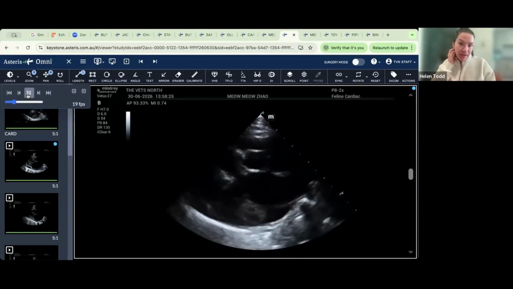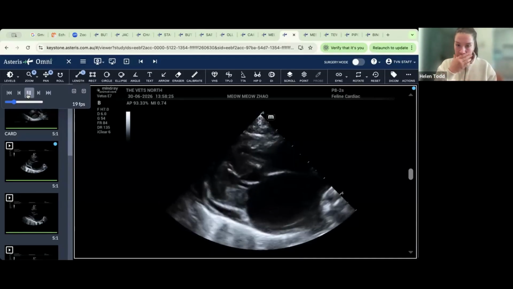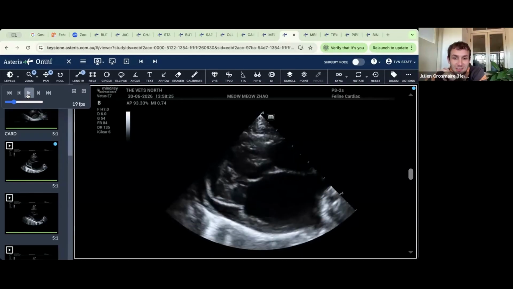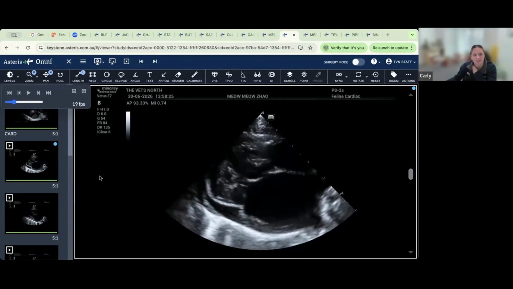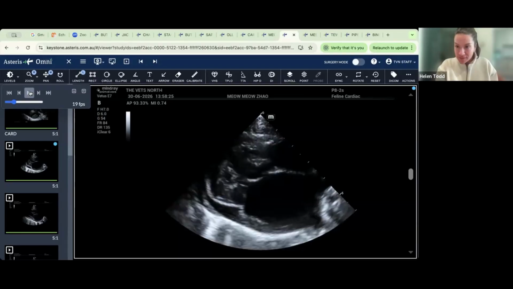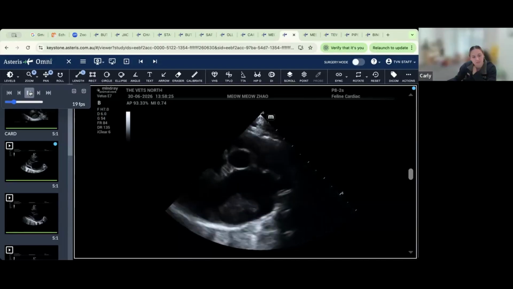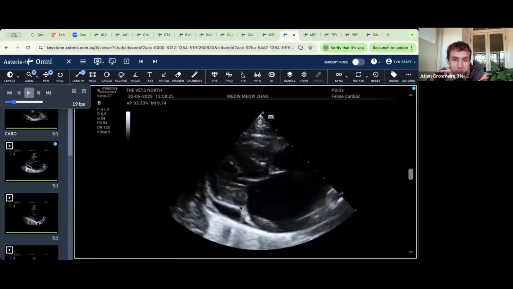Would anybody like to make any comments about this cat's view? That is a very large left atrium. Yes, amazing. It's got a large mass in the left atrium. You can see a mass coming in. Does it have a little bit of pericardial effusion? Yes, absolutely.